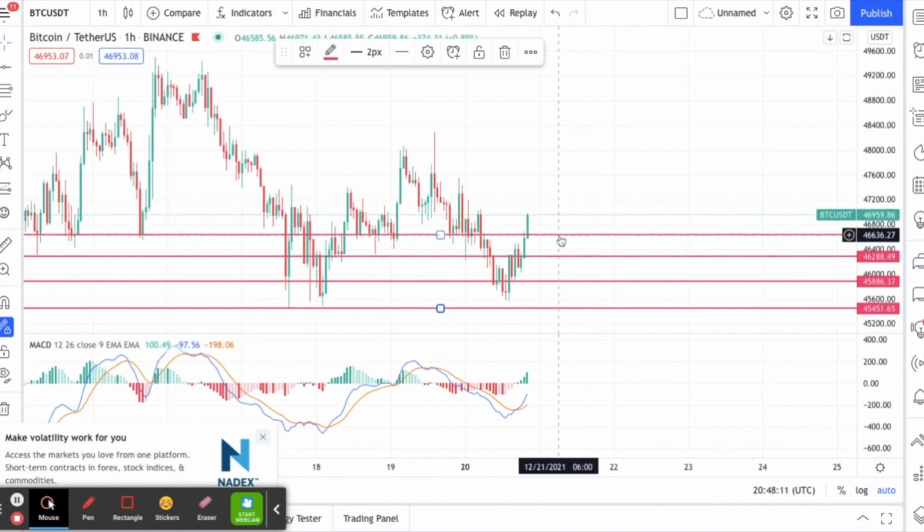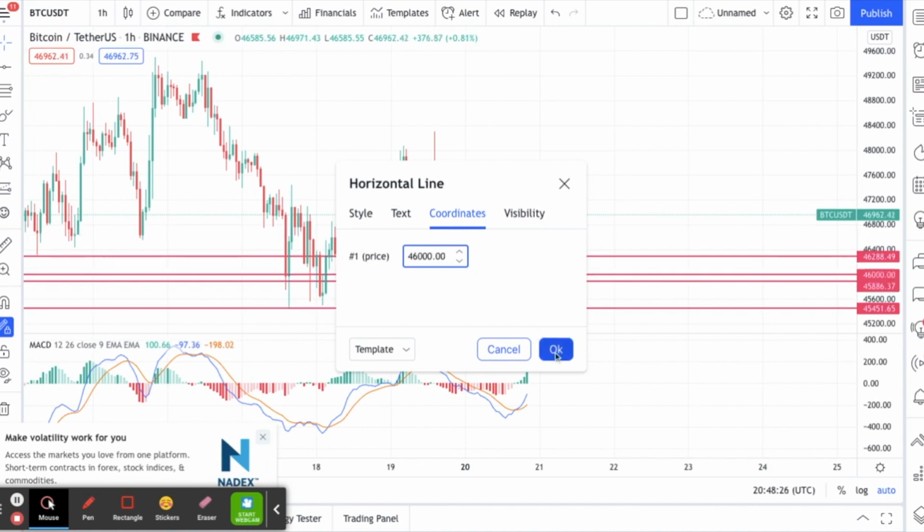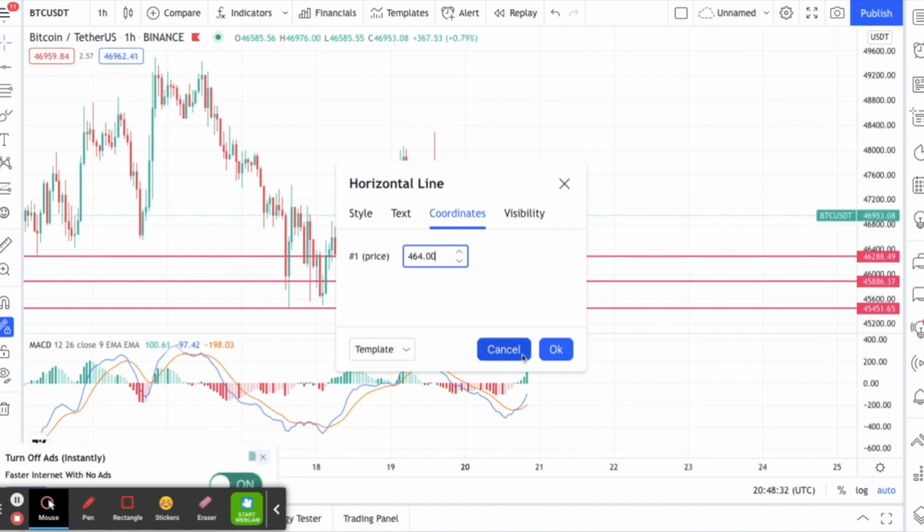I'm going to actually adjust them. Let's make this one 46.4. Not 464, 46.4.